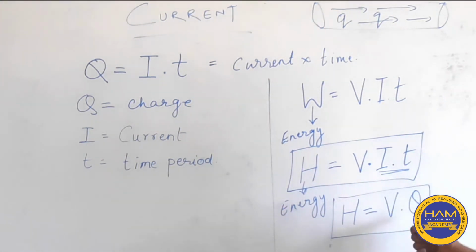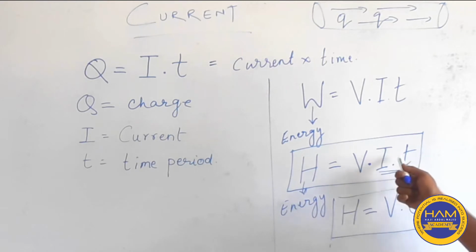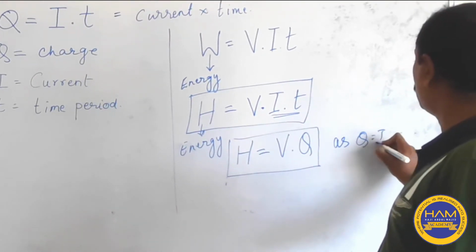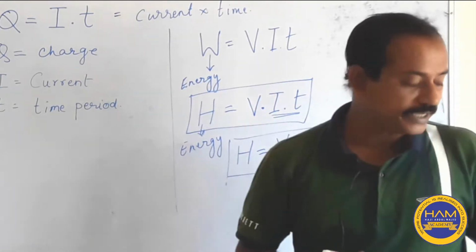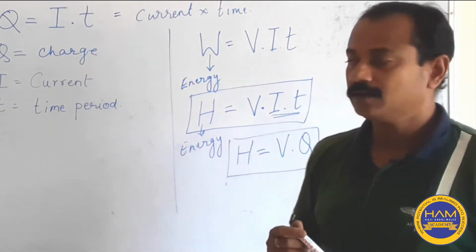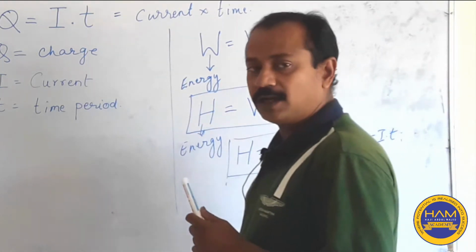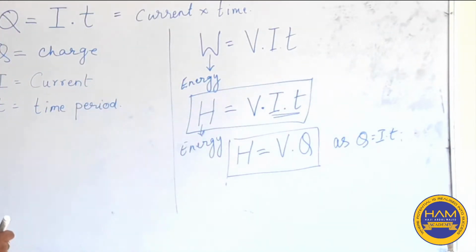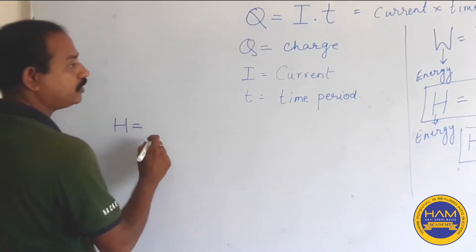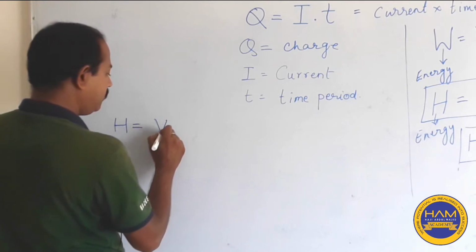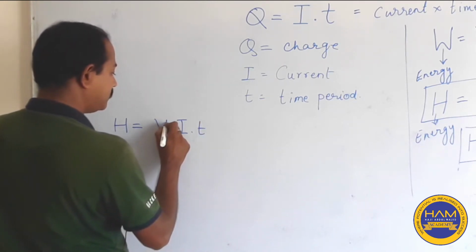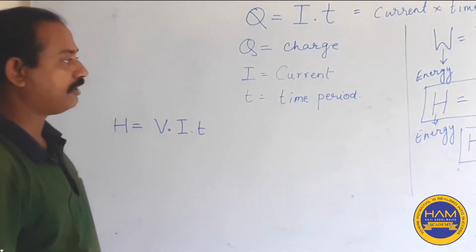We are using Q over here in place of IT, as Q is equal to I into T. So, there are various variations which we can do. Now, let us come to another variation. What we have is H is equal to V into I into T.